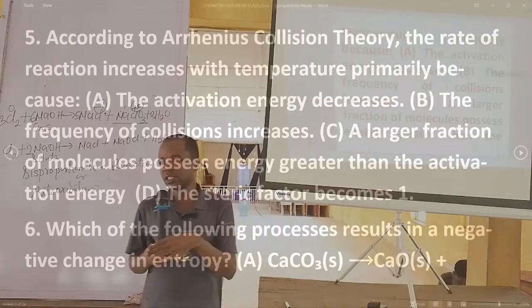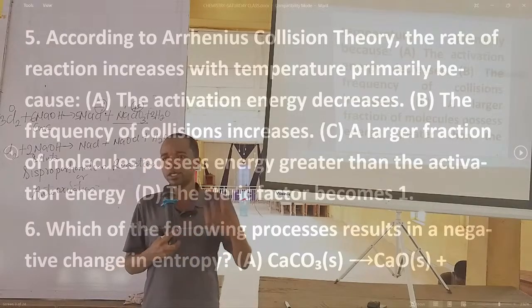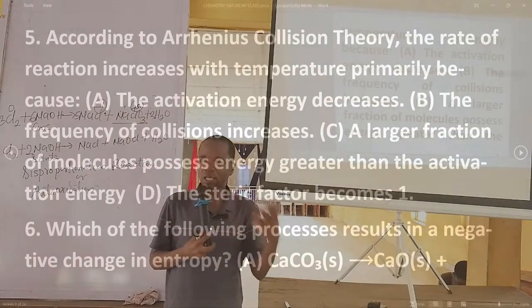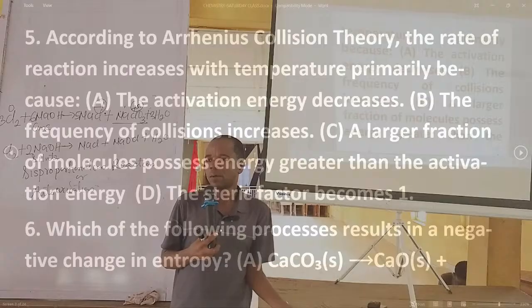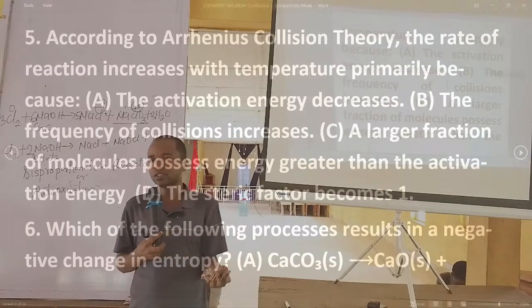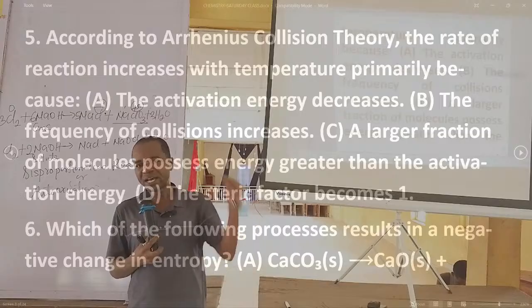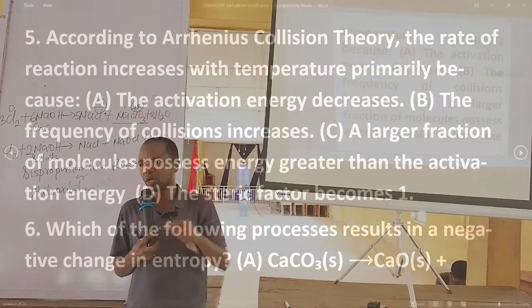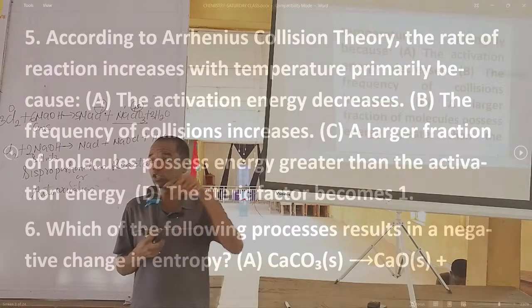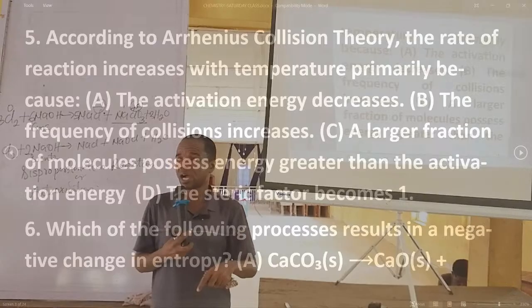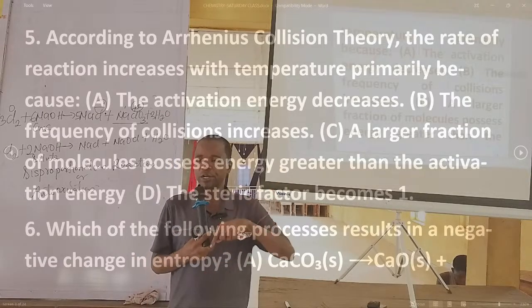So an increase in concentration will lead to an increase in the rate of chemical reaction by increasing the number of effective collisions, whereas a decrease in concentration will lead to a corresponding decrease in the rate of chemical reaction, because it reduces the number of collisions.